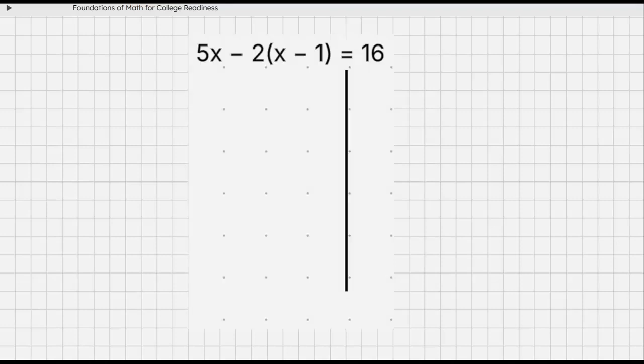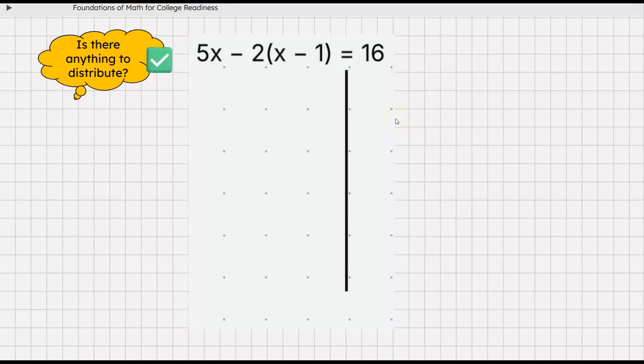Let's practice. 5x minus 2 times (x minus 1) equals 16. Let's first ask ourselves, is there anything to distribute? Yes, there is. There's a 2, not just a 2, but a negative 2 right outside of these parentheses.